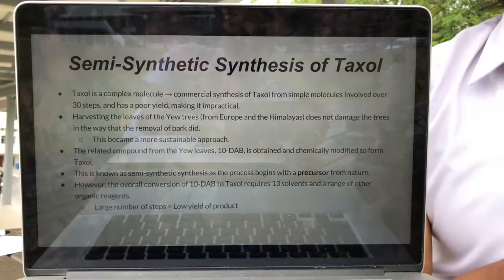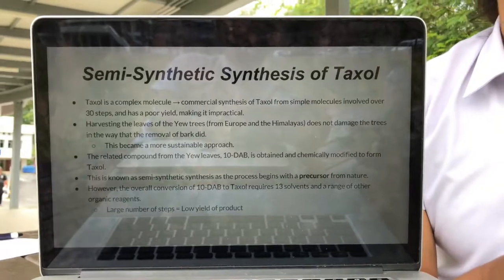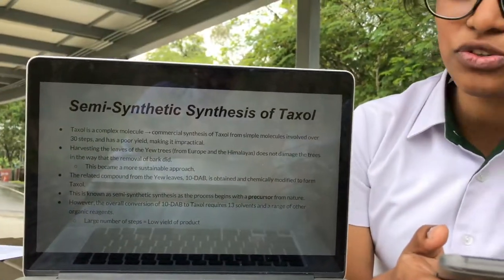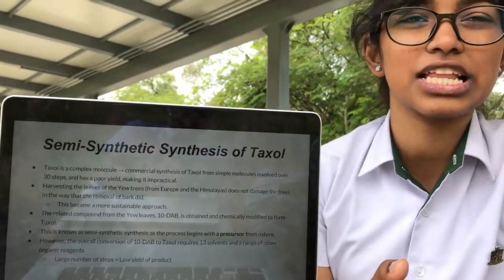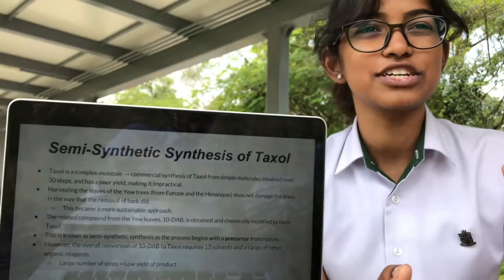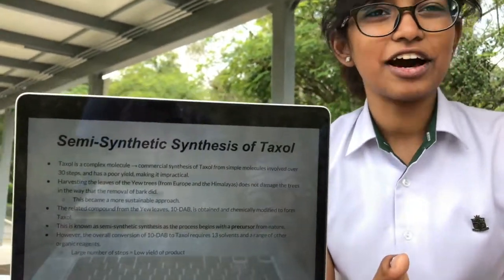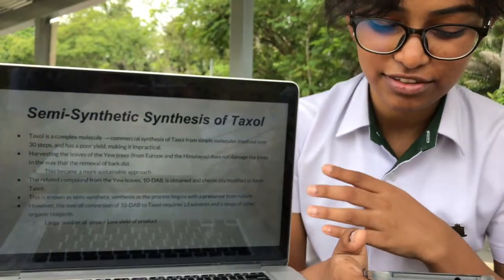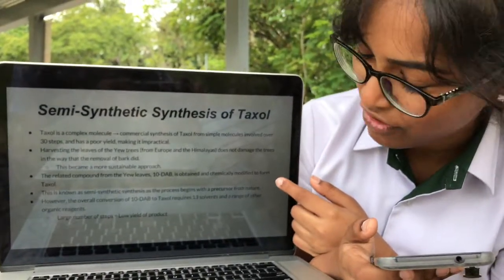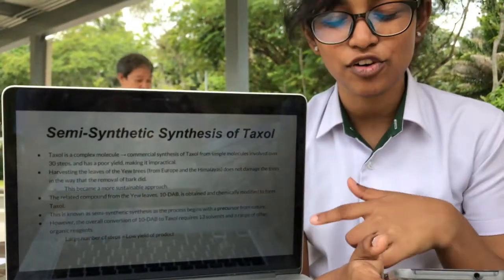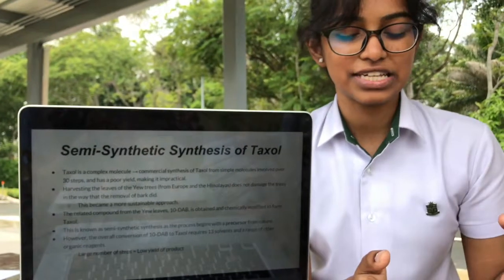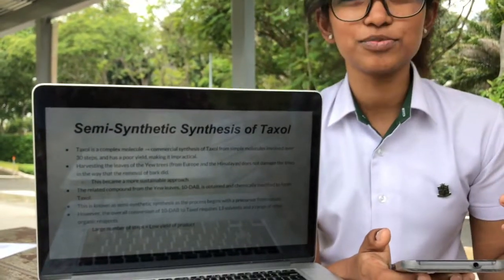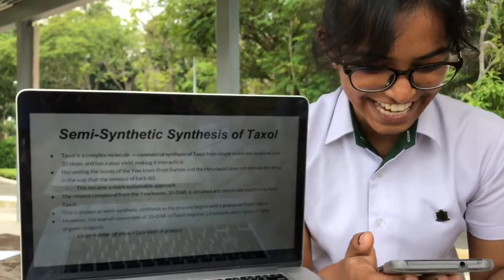Basically, when you have a lot of steps to yield a product, you get a very low yield. So what the scientists were trying to do is reduce the number of steps to get a higher yield of products. They figured that they would get the related compound from the leaves of the yew trees, which grows back faster and can also be harvested more easily.